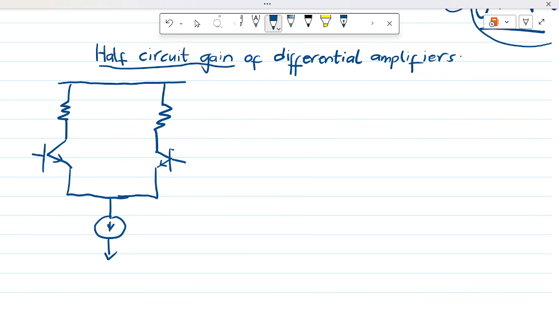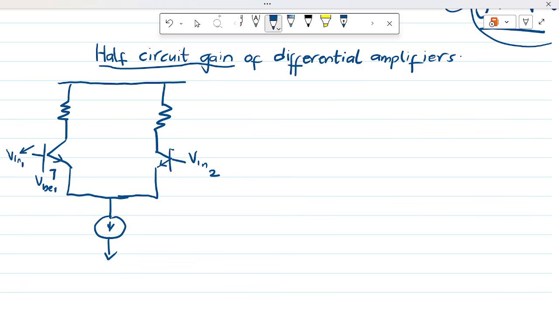Okay, so we've already proven that for small signal changes, if there's a small change in Vin1, then there will be a corresponding small change in VBE1.